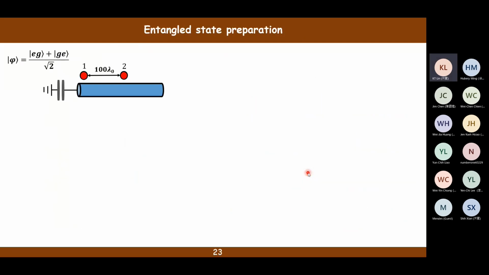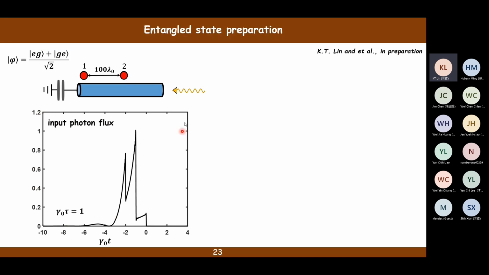So in the end, I'm trying to show you whether the entanglement between two nodes can be achieved or not. We consider preparing a symmetric state for these two qubits. At first, we have the input pulse in terms of photon flux with a time delay of 1. As you can see, the shape is weird.